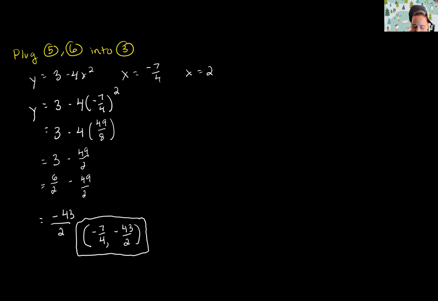Oh, because 4 squared is 16, not 8. Always check your work. So then that's going to be over 4. So this actually needs to be 12 over 4. And then 12 minus 49, negative 37.